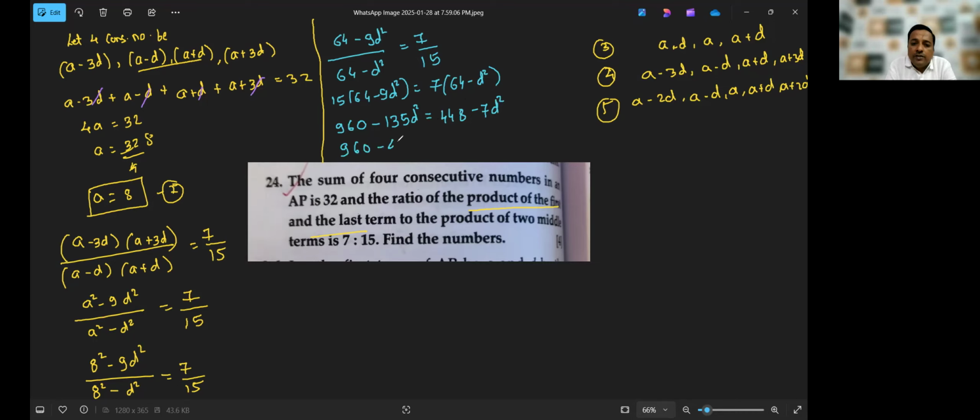So 960 minus 448 is equal to minus 7d square plus 135d square. Then 960 minus 448, so 10, this become 2, carry 1, this become 1, and this 5 and 2. और यहाँ से माइनस करेंगे, 7 गया 5, 20, 128d square.